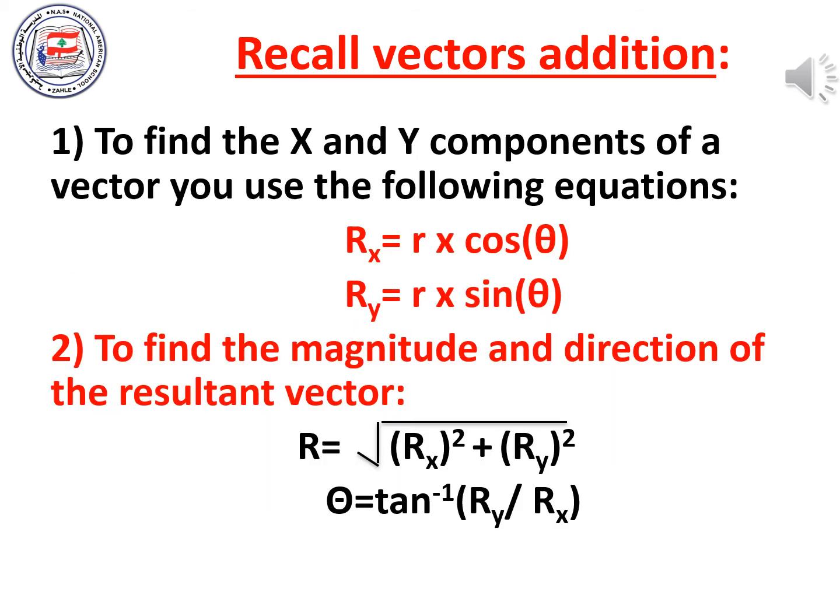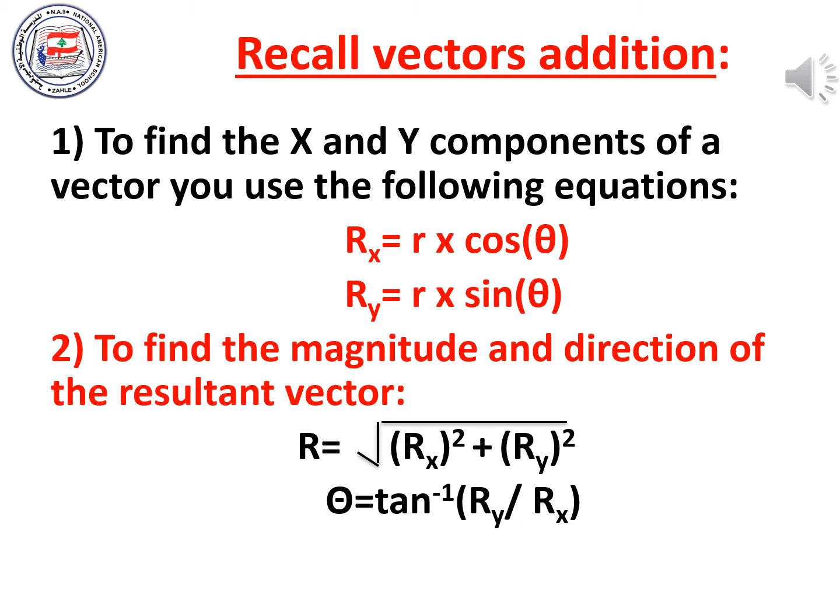In order to find the x and y components of a vector, we use the following equations. Rx, which is the x component, is equal to R times cosine theta. R is the magnitude of the vector and theta is the angle of the vector, the direction of the vector relative to the horizontal. Ry, which is the y component, is equal to R times sine theta. So it is the same, but the difference is that here we use sine and not cosine.